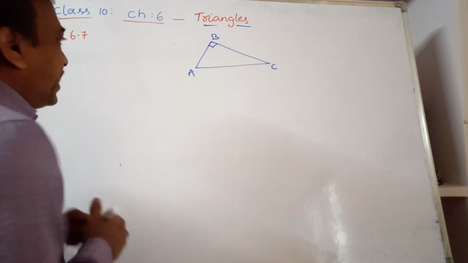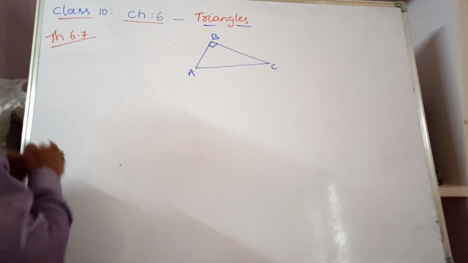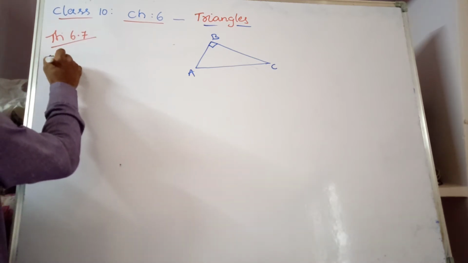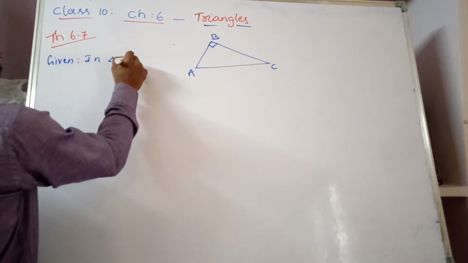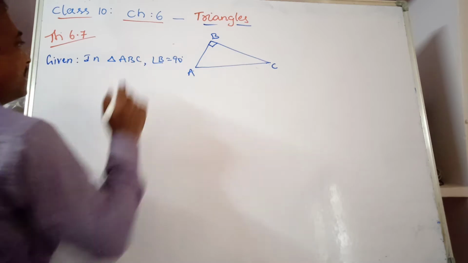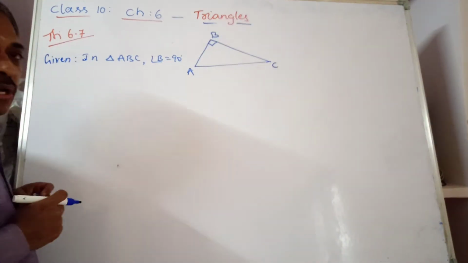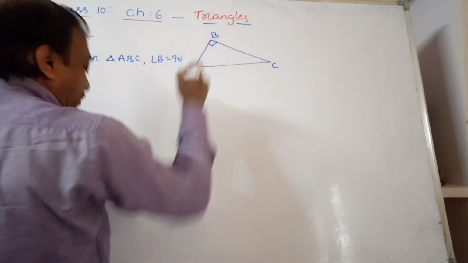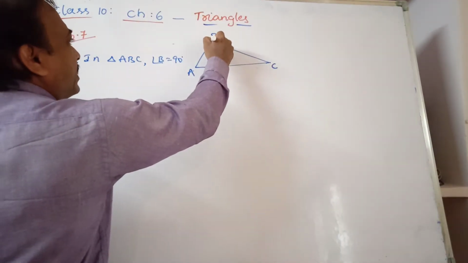What is given in triangle ABC? Given in triangle ABC, angle B is equal to 90 degrees. We construct one perpendicular line from B, observe it.